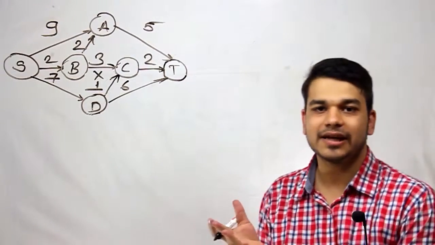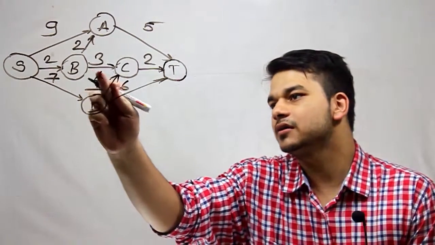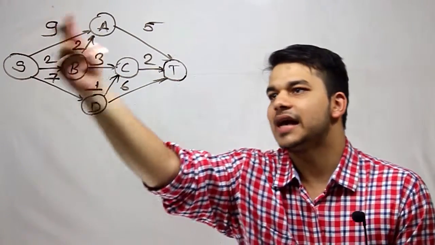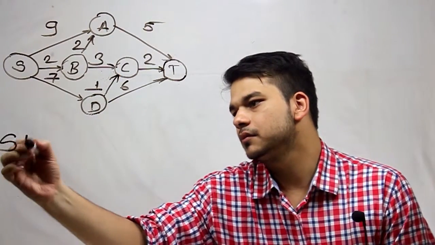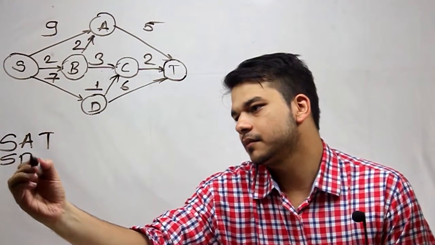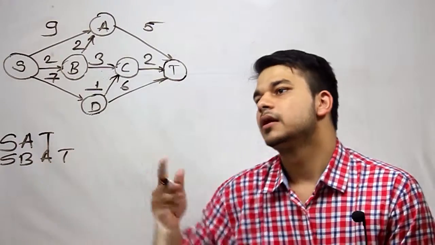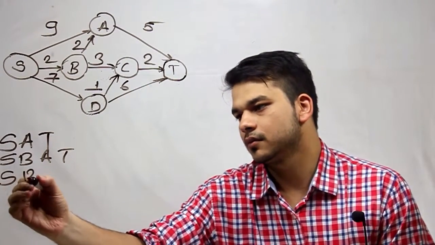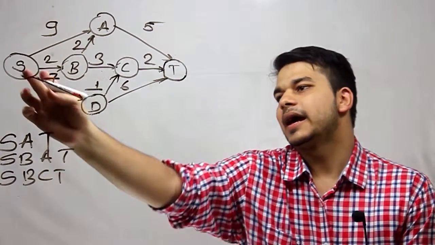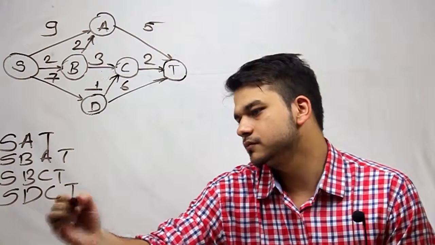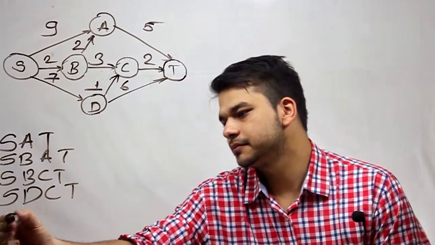Okay, the only thing different in this problem is that the route from B to C is now working. So we have the options SAT, SBAT, then we have SBCT, SDCT and SDT.